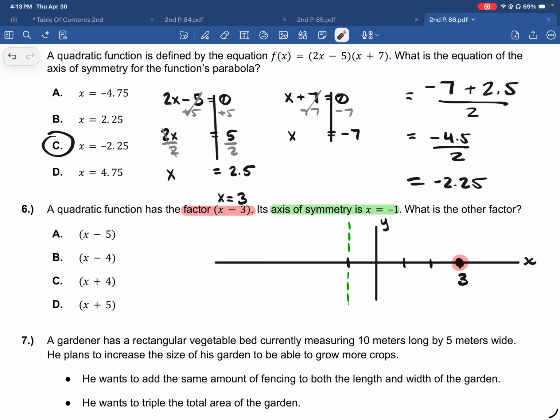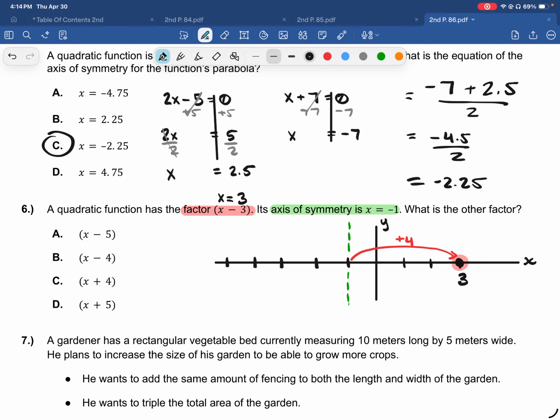So, however far to the right one of the zeros is, the other 0 is equally far to the left. So, since this is 4 steps to the right, I need to take another 4 steps to the left.